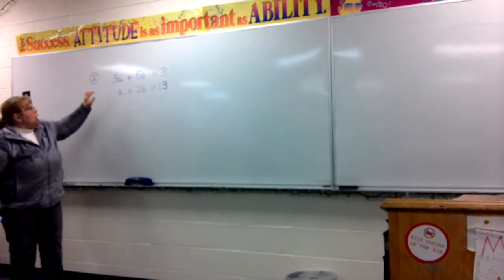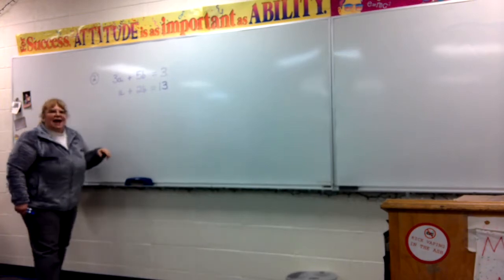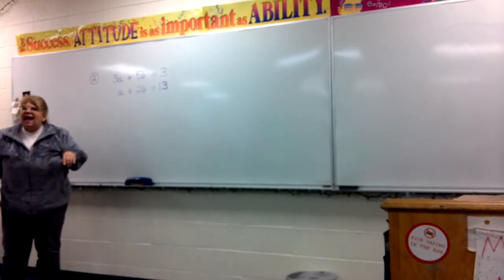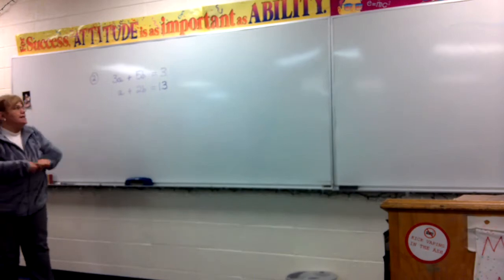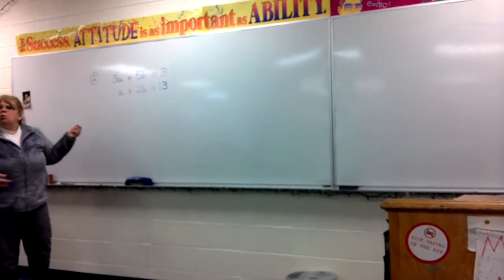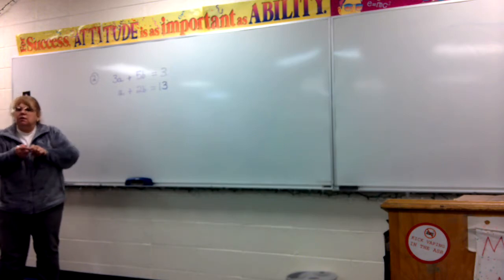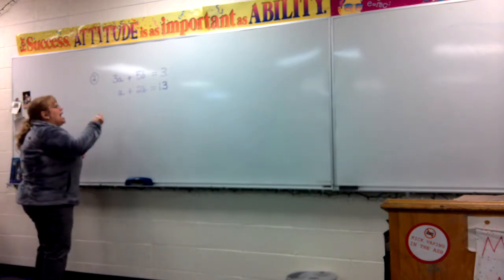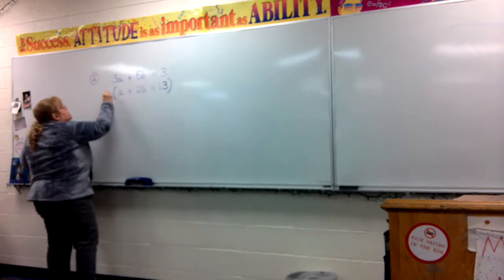For this one, it's not set up with opposites right off the bat. If you don't have opposites, then you have to make opposites, right? What would be the easiest way to make opposites here? Multiply by -3 on the bottom equation.